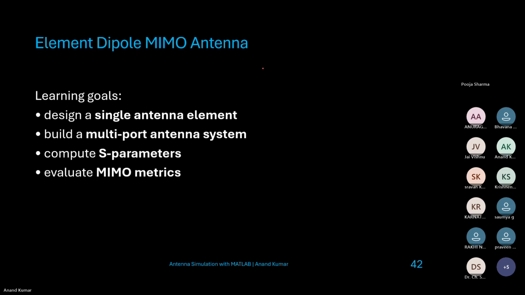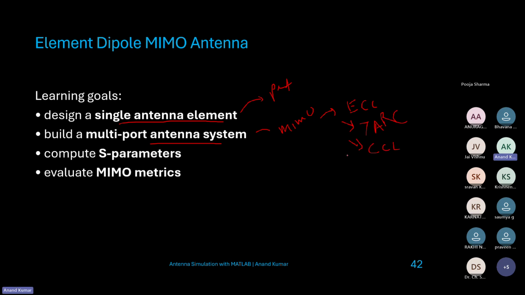They'll first design the single element, and then you'll see the performance of the single element, and then they build the MIMO antenna system, and then you have different MIMO metrics such as envelope correlation coefficient, maybe total active reflection coefficient, channel capacity loss, or diversity gain, which is calculated from envelope correlation coefficient. So these are the different metrics.